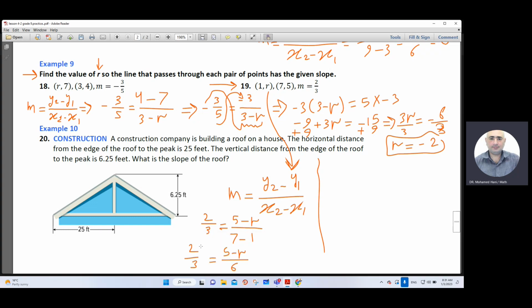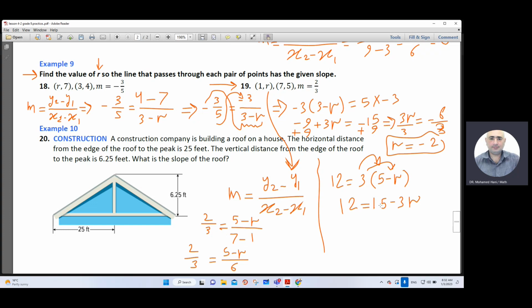Then do a cross product. 2 times 6 will be 12, and 3 times 5 minus r. Open parentheses, and write here 5 minus r. How to solve this equation? Use distribute. 3 times 5 is 15, and 3 times negative r will be negative 3r, and the same value on the first side.